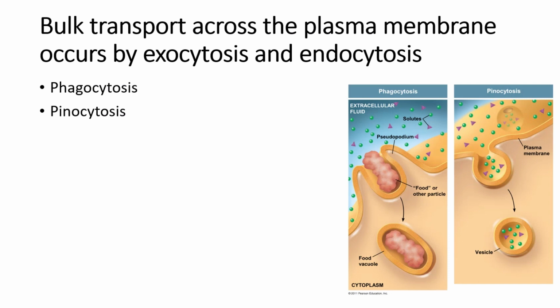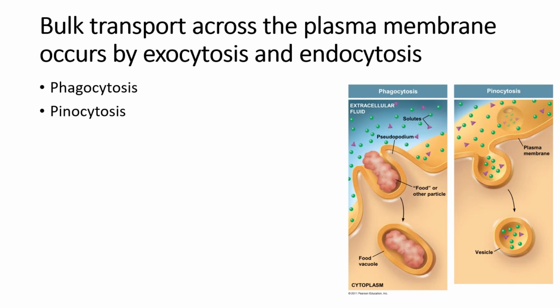Now in phagocytosis, a cell eats, or engulfs, a particle in a vacuole. So this is a food vacuole. This is phagocytosis. The vacuole then fuses with a lysosome later on, and it digests that particle.